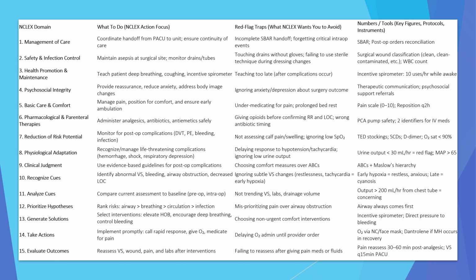It's manage pain, position for comfort, and ensure early ambulation. Under-medicating for pain and prolonged bed rest are red flags. So pain scale, reposition every 2 to 3 hours. This is key.